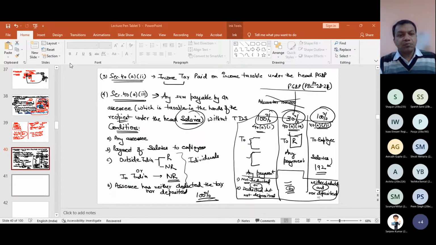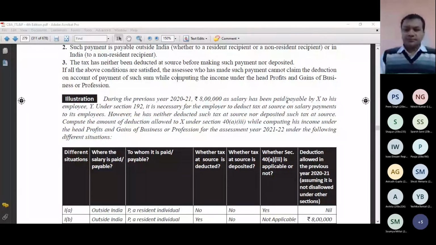Let me share this book. Is the screen visible? Yes, sir.